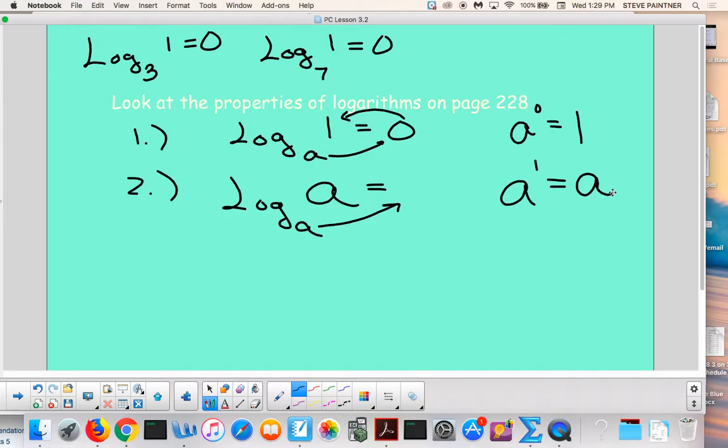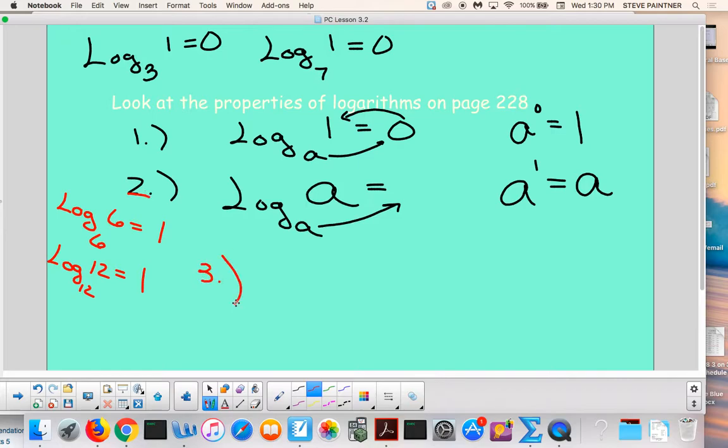So what this property says, I hope you jot these down, is log of, let's say, 6 base 6 will always be 1, right? Log of 12 base 12 is 1, right? That's all it's saying. Okay? 3.